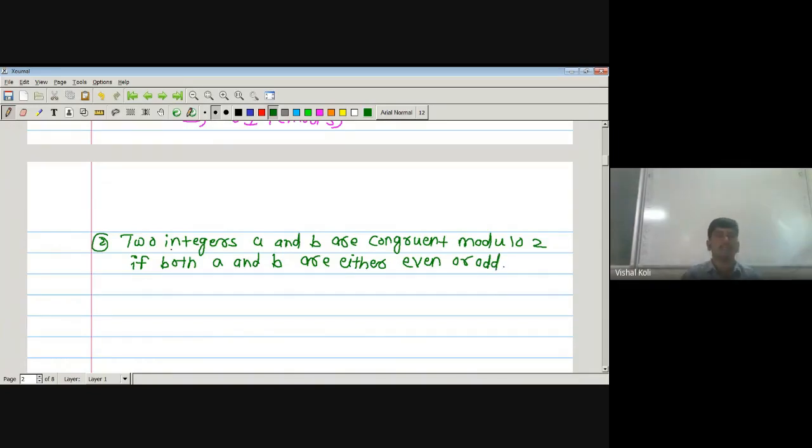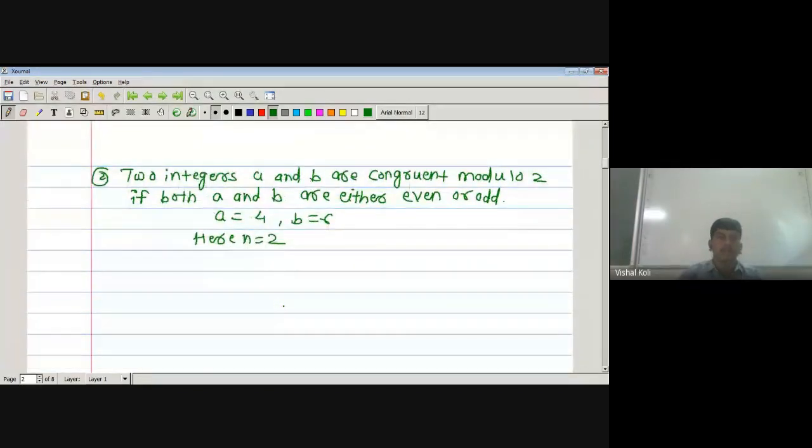Now we have to check whether this is correct. According to this statement, any two integers a and b are congruent modulo 2 if and only if both are either even or odd. Let us take a equal to 4 and b equal to 6. Now we have to check whether 4 and 6 are congruent modulo 2, as here n is equal to 2.